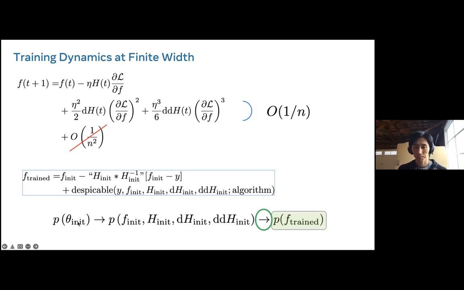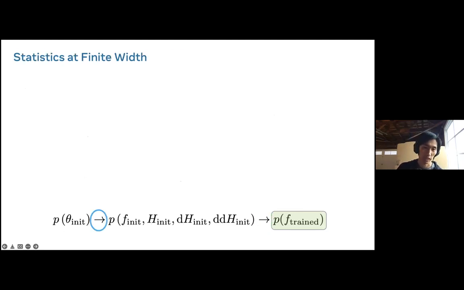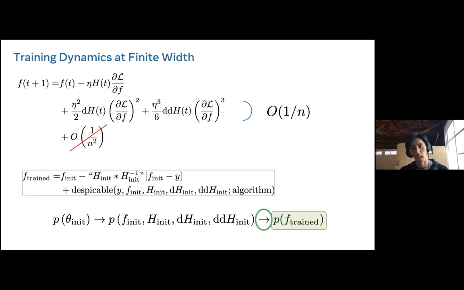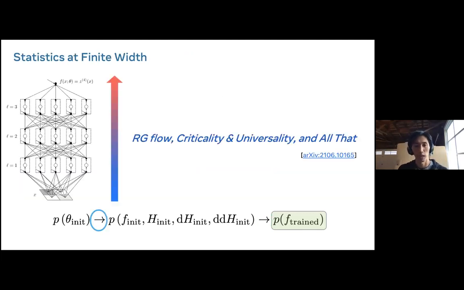Okay, so you get this distribution of the trained function in terms of the initial objects, and it basically establishes the map from the second to the last, and the same thing again. You try to do the first, and I'm not going to have any time to do that.